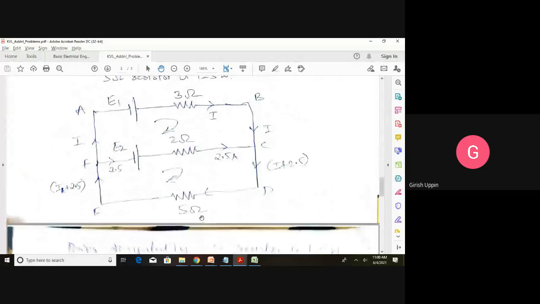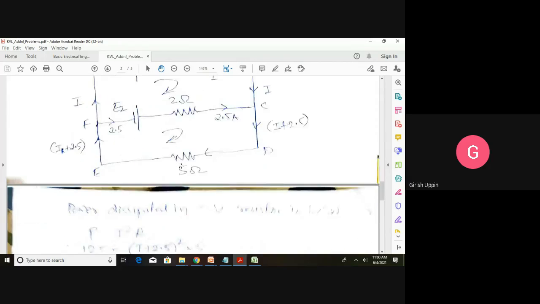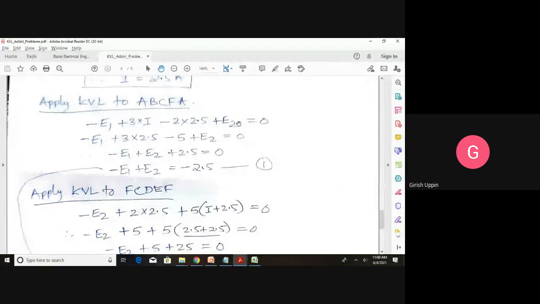You continue, you come across the positive plate of an EMF source. I will take this value as positive, that is plus E2, and we come back to the original node, that is A, equal to 0.